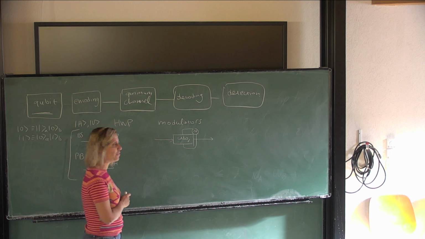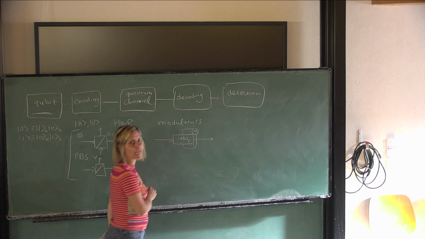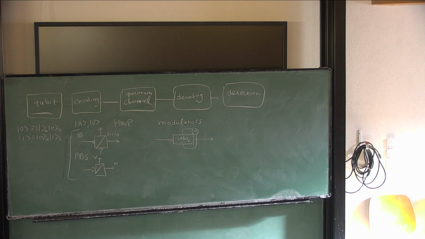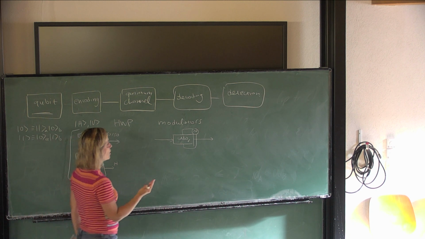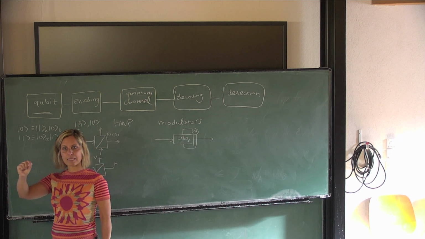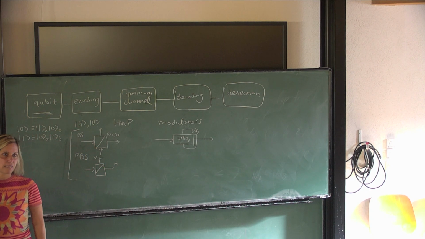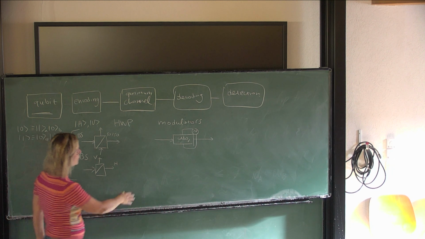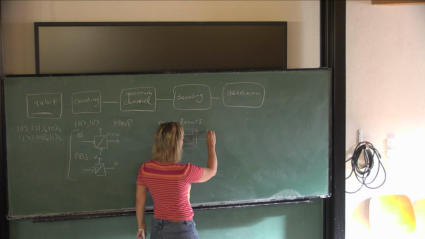This index of refraction means that the speed of the light inside this material changes. And because the phase accumulated by the signal that comes through this material is proportional to the time it takes to traverse it, by changing the electric effect applied on this material, you change your phase. So the simple device that you see here is what is called the phase modulator.